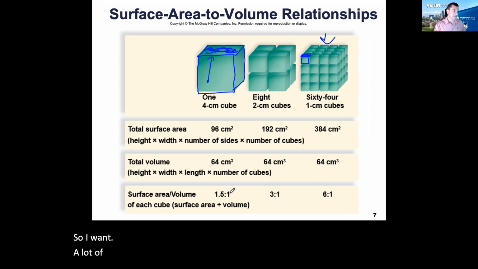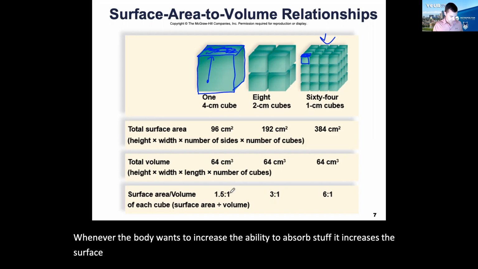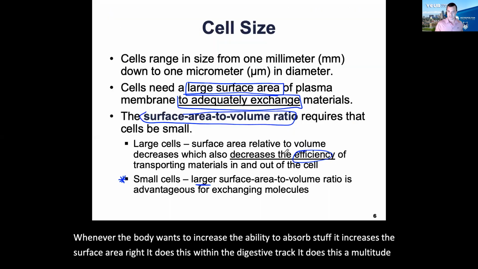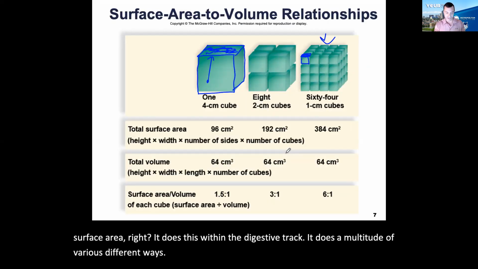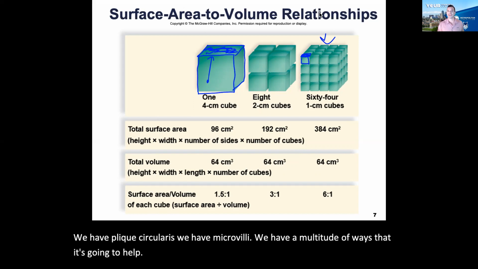And the body has this all over the place. Whenever the body wants to increase the ability to absorb stuff, it increases the surface area. It does this in the digestive tract. It does this a multitude of various different ways. We have plicae circularis, we have microvilli. We have a multitude of ways that it's going to help increase our surface area.